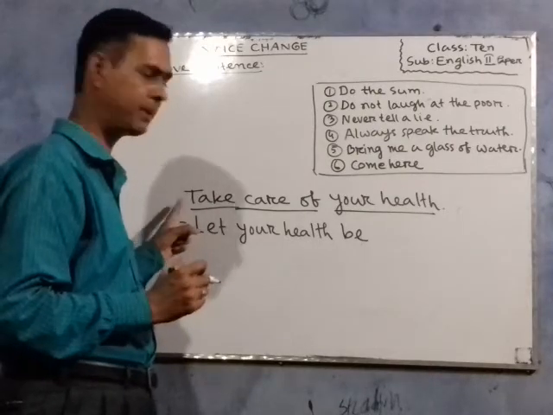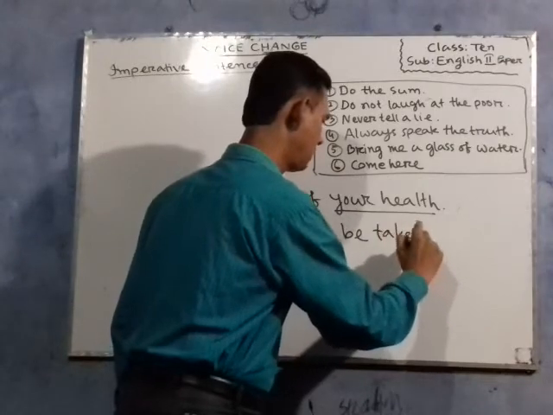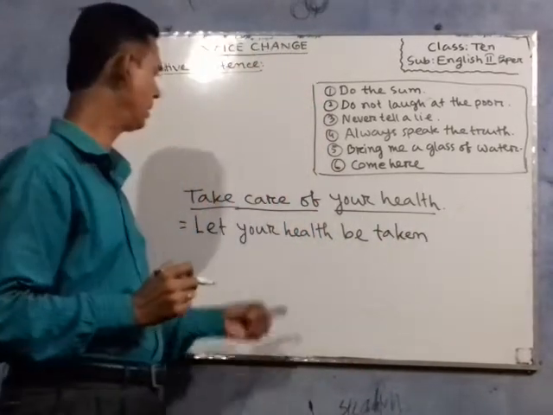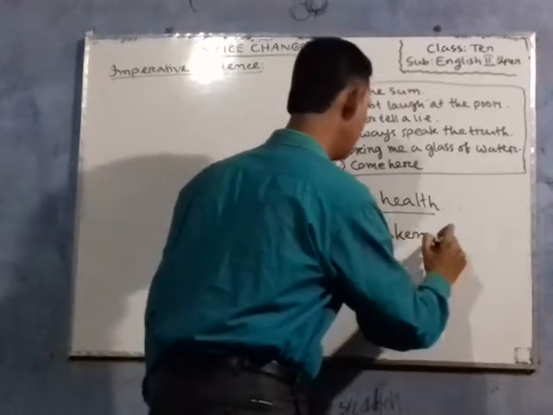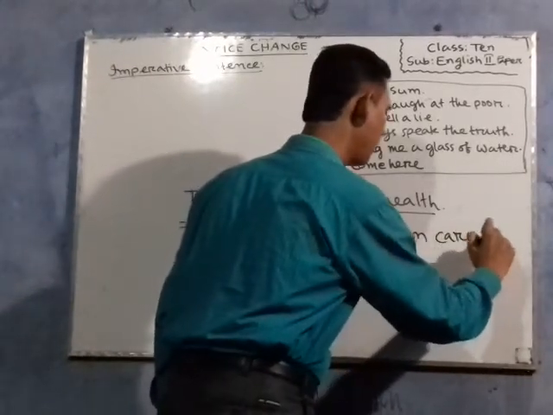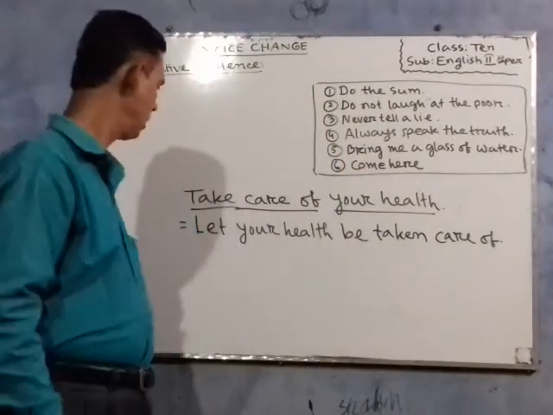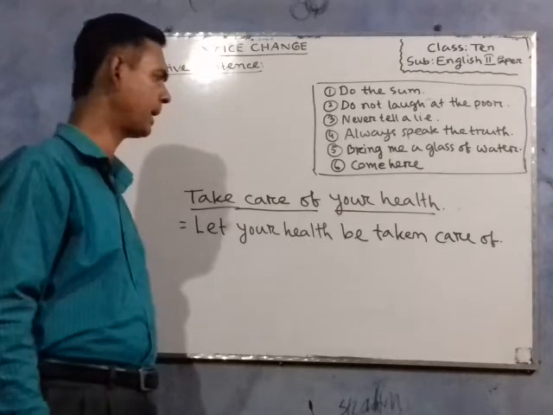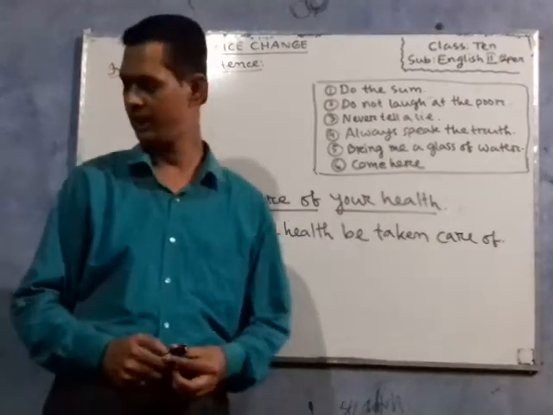The third form of take is taken. And the part that is given with this verb, you have to write it: taken care of. So the sentence stands as: Let your health be taken care of. Okay, understand, everybody?